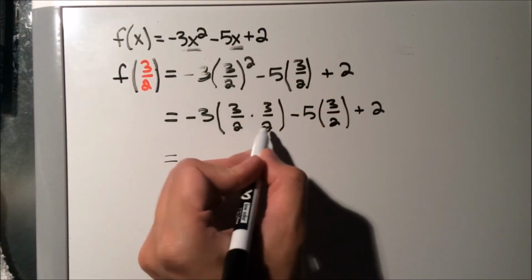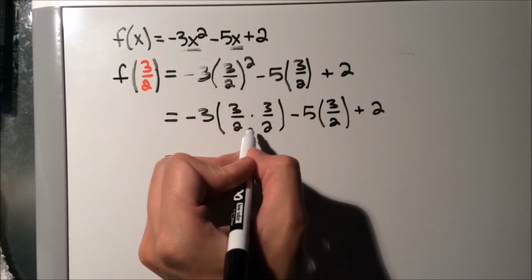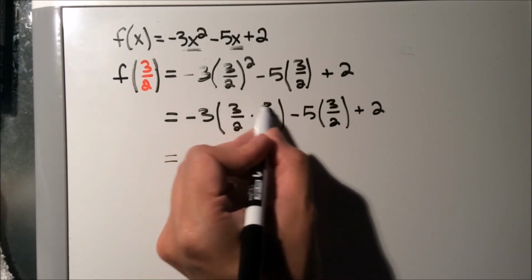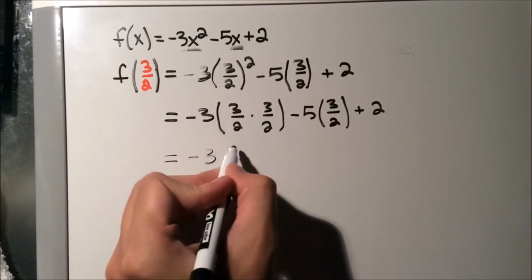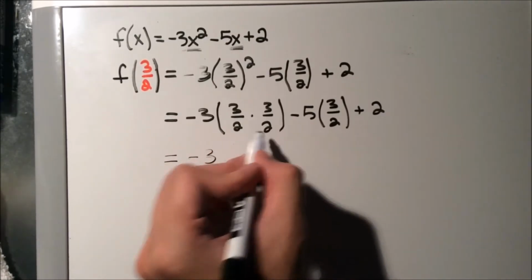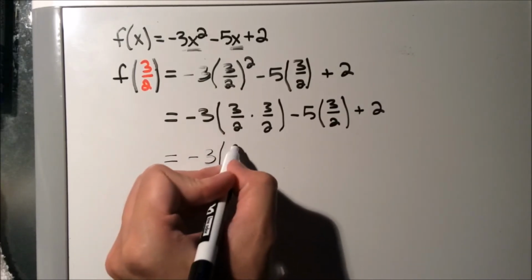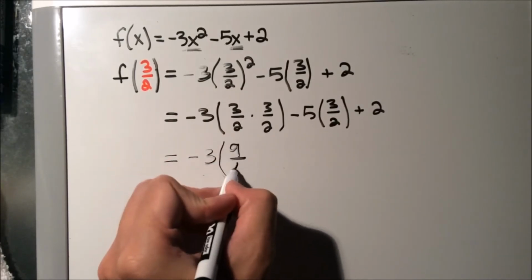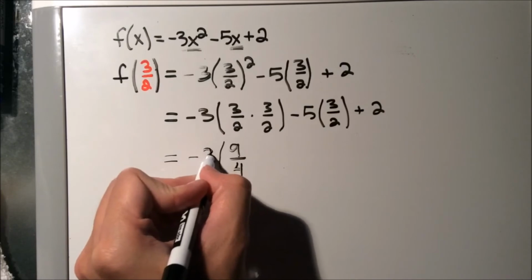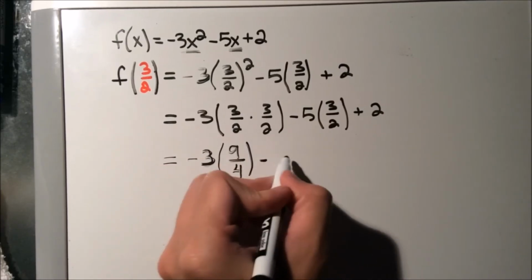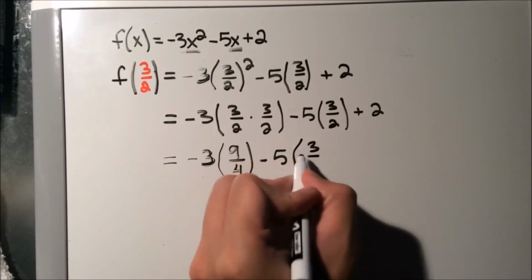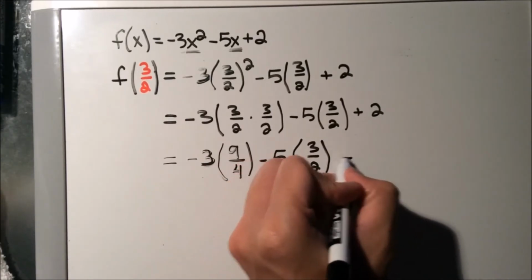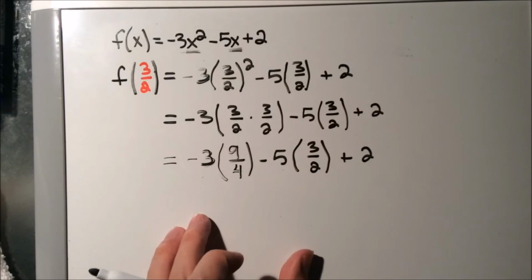When you're multiplying fractions, the easiest thing to remember is just multiply straight across. So 3/2 times 3/2 will give you 9/4. Bring down the rest. So we're done with exponents.